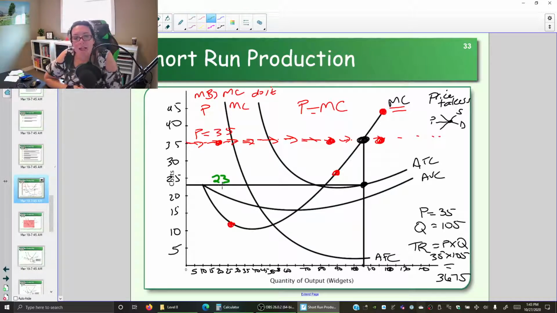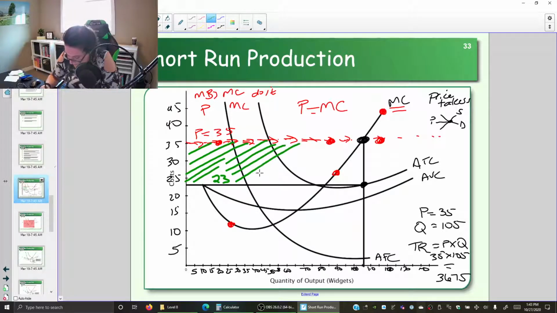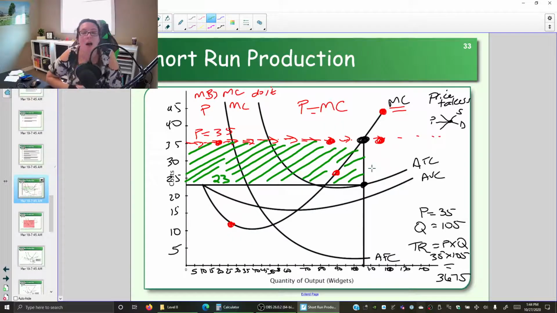So to find out how much profit we're making, we want to compare the price to the cost per unit. And we want to recognize that that difference between the price and the cost per unit, we're going to make off of all of the units that we make and sell.